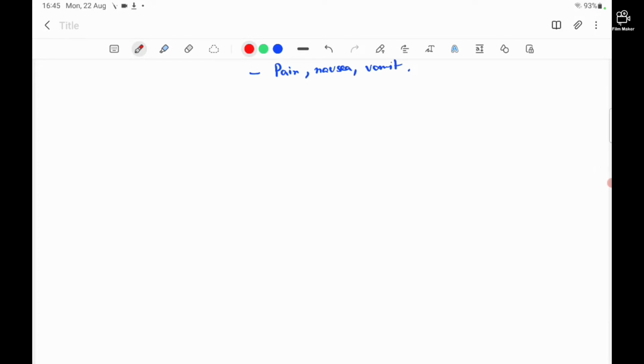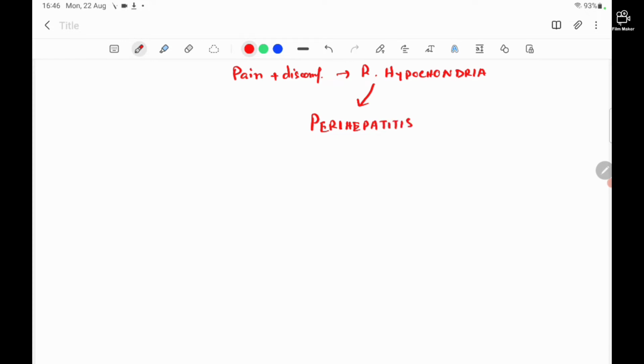If there is pain and discomfort in the right hypochondria, then this is a case of perihepatitis concomitant, and this is seen in 3 to 10% of all the cases.